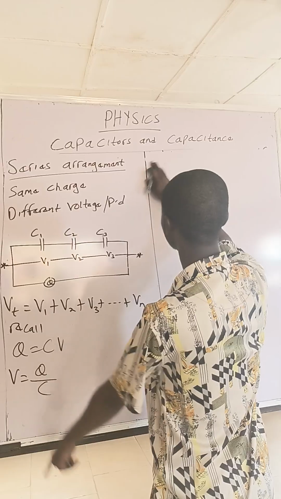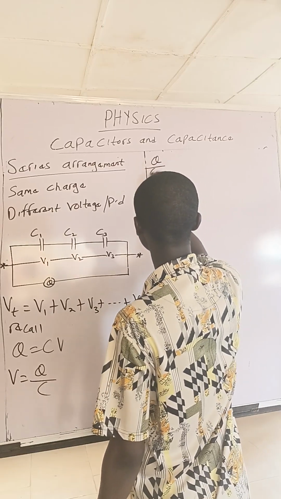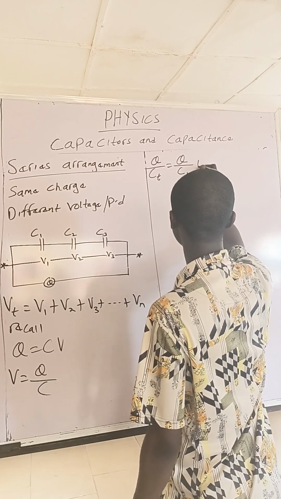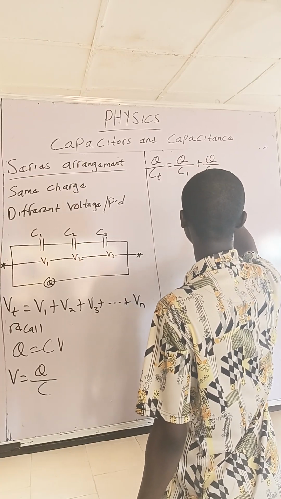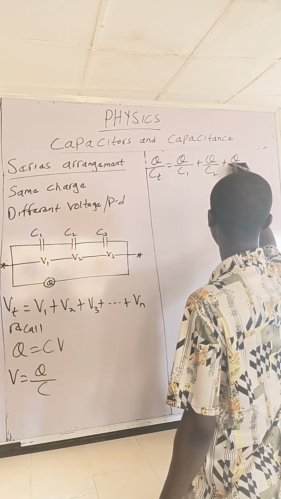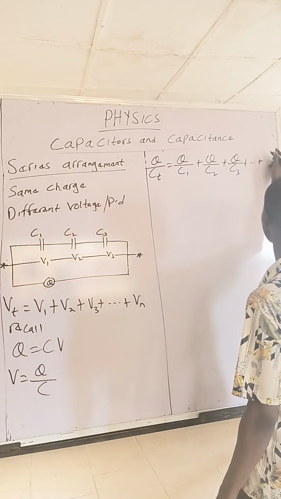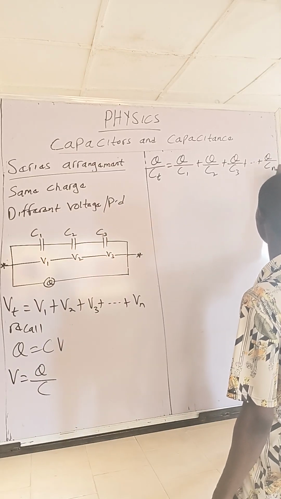So Q over C total equals Q over C1 plus Q over C2 plus Q over C3, up to Q over Cn, if you have more than 3.